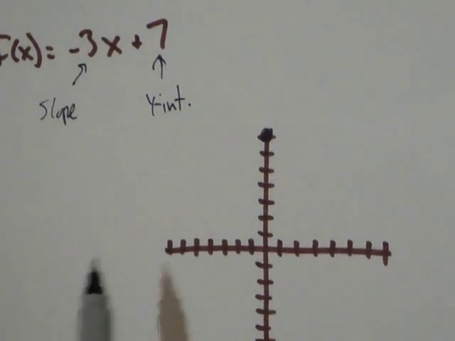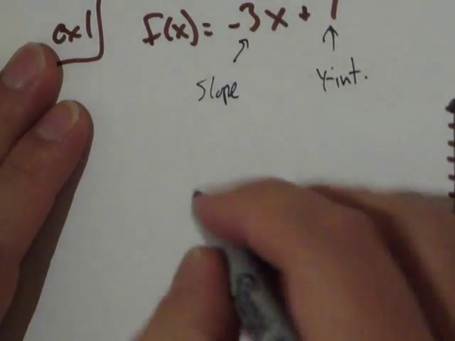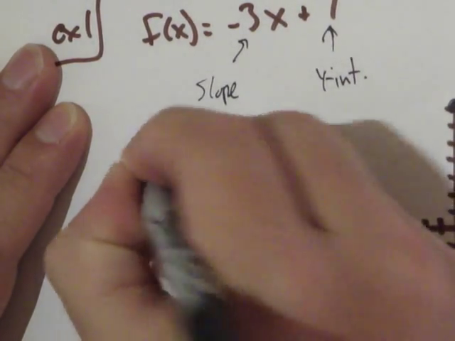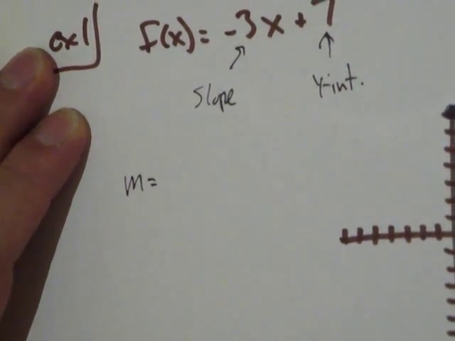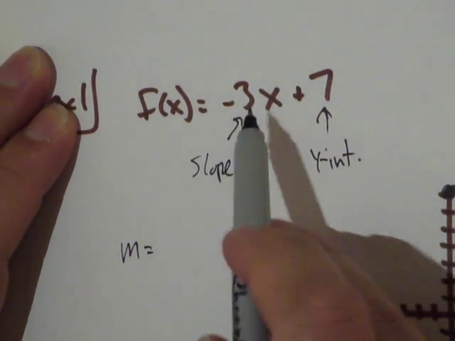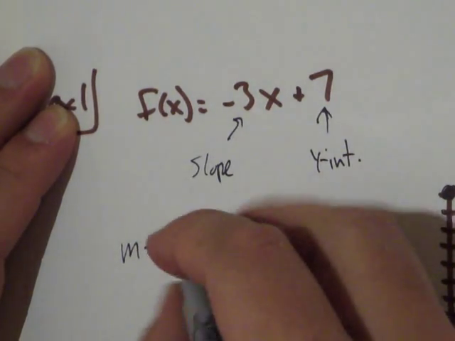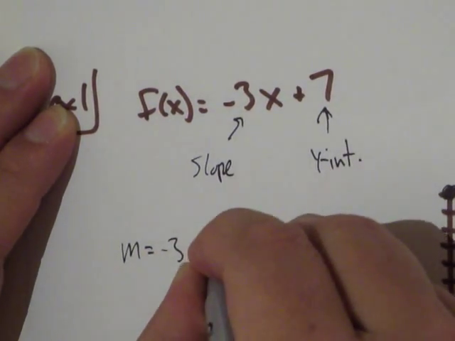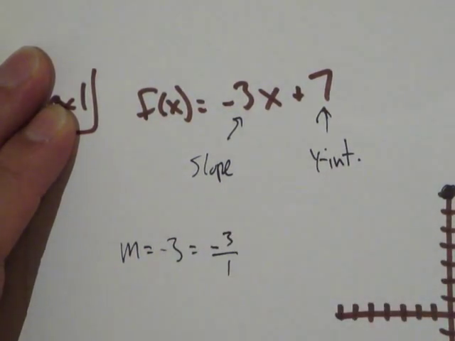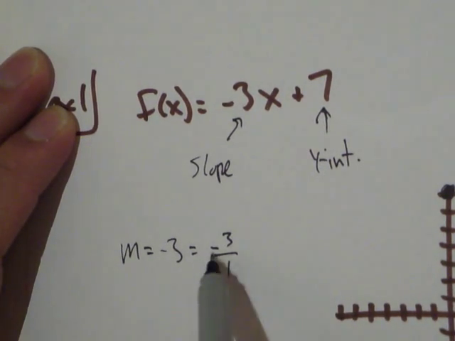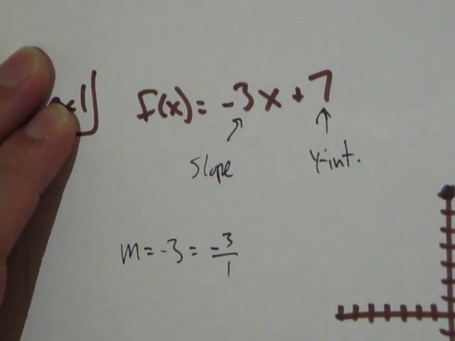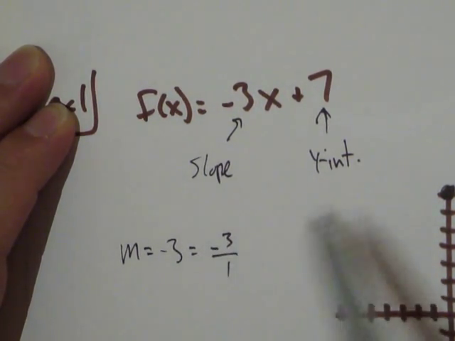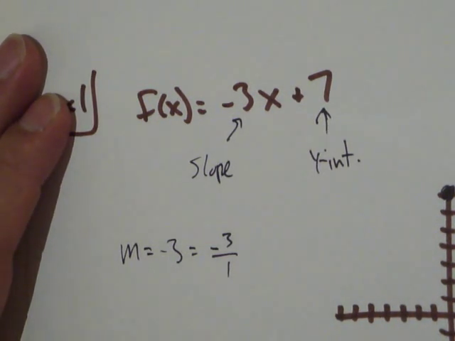And then the slope is negative 3. What does that mean? Slope is m. It's always nice to write the slope as a fraction, so we can write negative 3 as negative 3 over 1, keeping the negative sign with the number on top. Remember, that's rise over run.